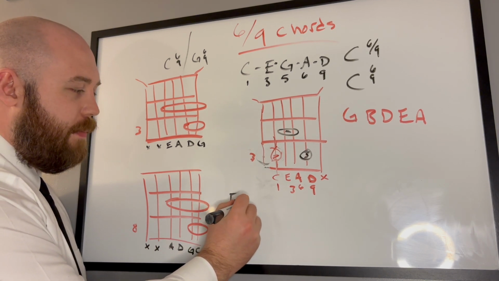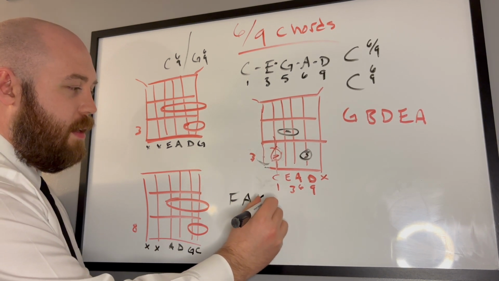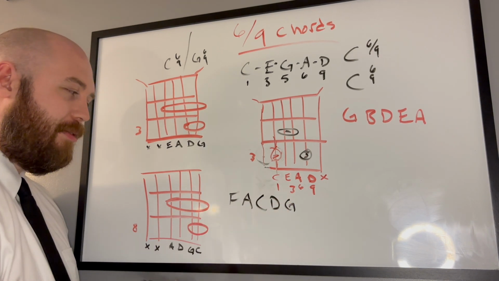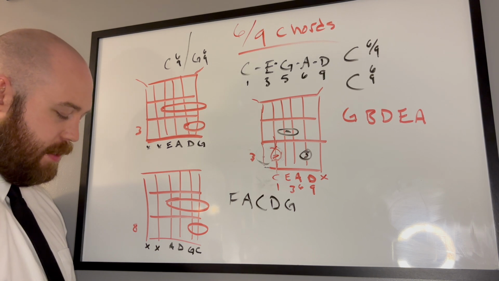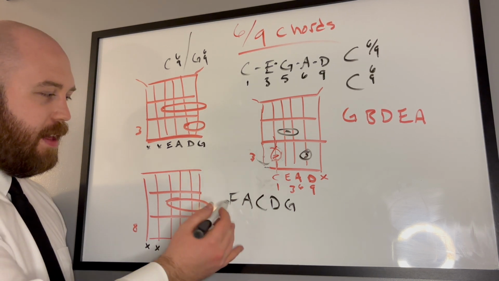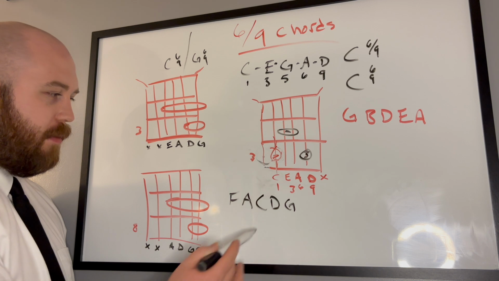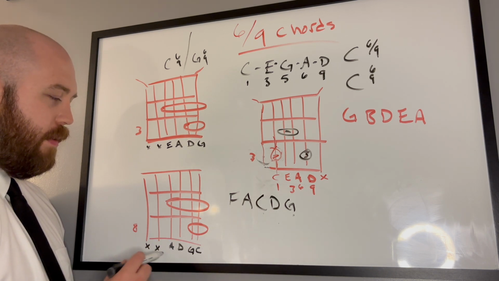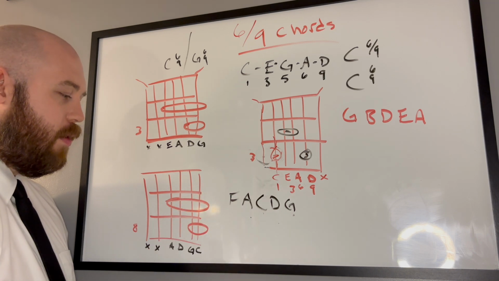What do we get? An F 6 9 chord, because C is the 5th of F. And just to prove it, we have our C, we have our G, we have a D, we have an A, and we're just missing the root.